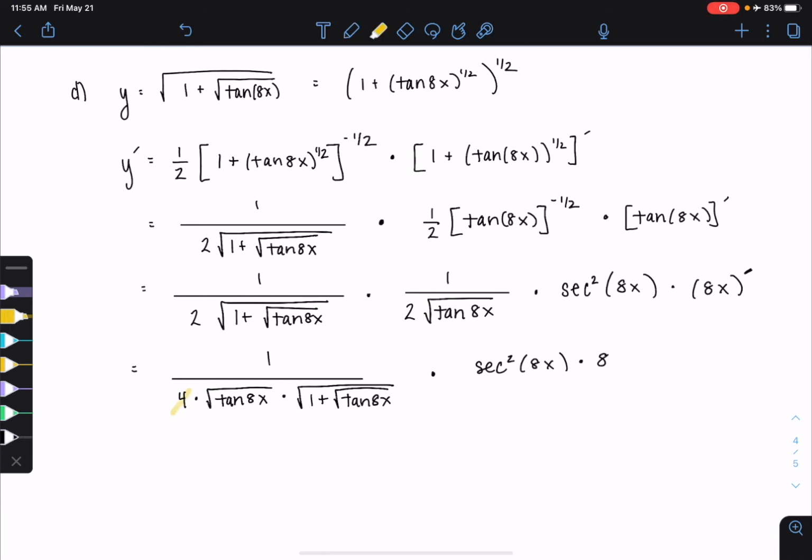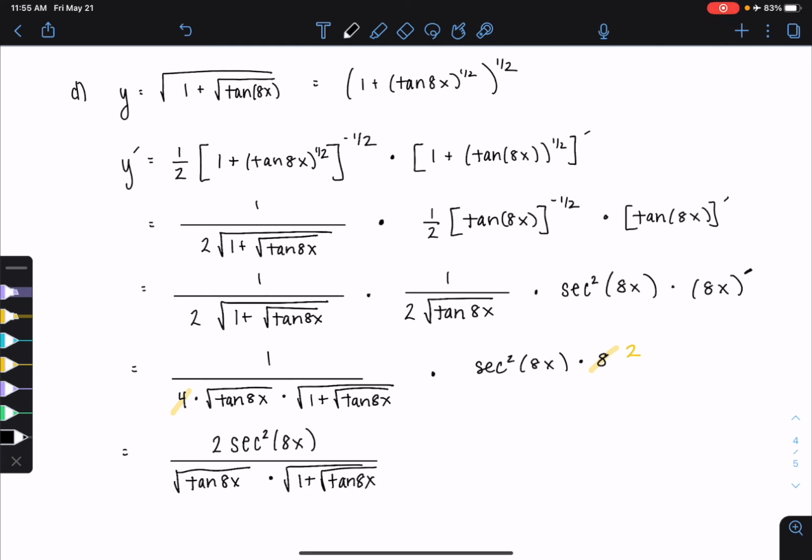So we do have some simplification. 8 over 4 would give us 2. So in the most simplified form, this is 2 secant squared of 8x divided by the square root of tangent of 8x times the square root of 1 plus the square root of tangent of 8x. So chain rule, inside chain rule, inside chain rule.